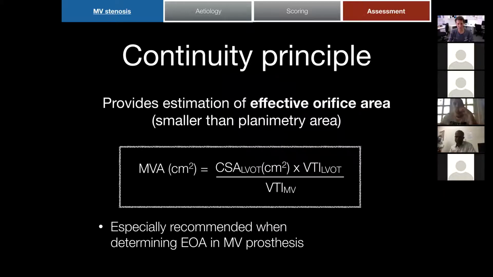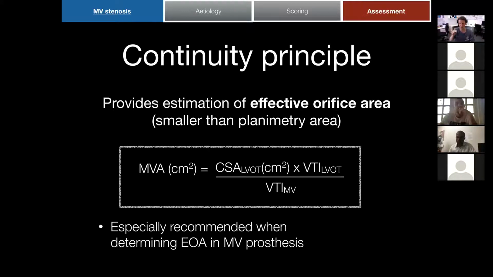Okay, continuity equation. Similar to doing it with the aortic valve, which I think we all know, you can also do it with the mitral valve area, and it's providing this idea of the effective orifice area. Maybe this is what you were getting at, Danielle: the effective orifice area, like that vena contracta that we don't really use, is a little bit smaller than the planimetry area.